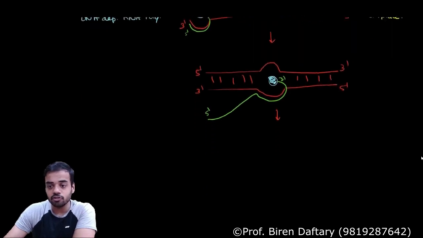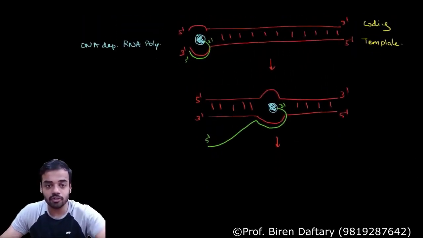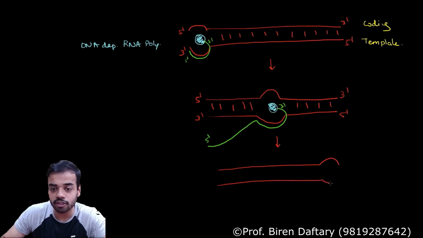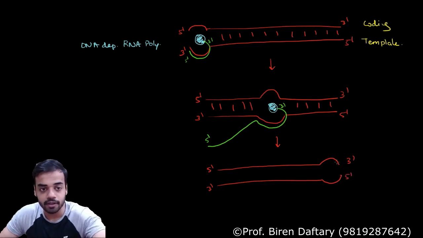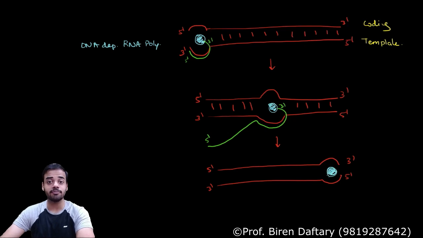Anyway, we go ahead, and what happens next is, now the diagram is the one where we will show that the RNA polymerase has moved to the terminator region. So again 5 prime 3 prime coding, 3 prime 5 prime template. Then we will show the RNA polymerase which has reached the terminator area. In the terminator area, there will be the rho factor.